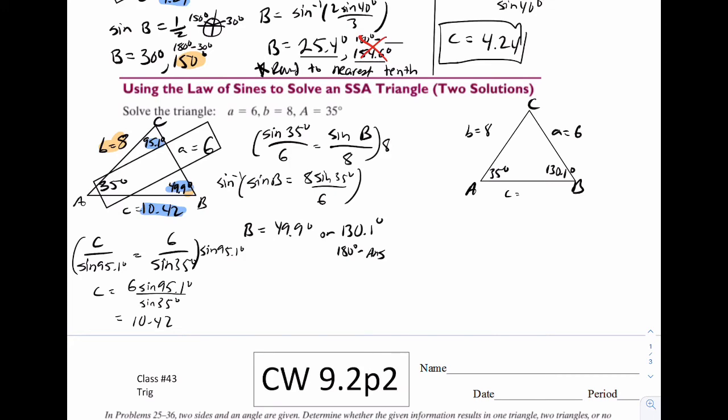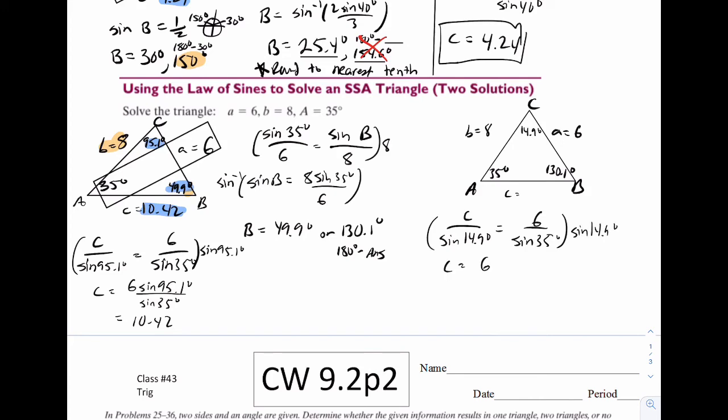Now go to the second one. Same thing. This last angle must have been 14.9 after you subtract from 180. So C over sine 14.9 should equal your pair, which is 6 over sine 35. Multiply by sine 14.9.